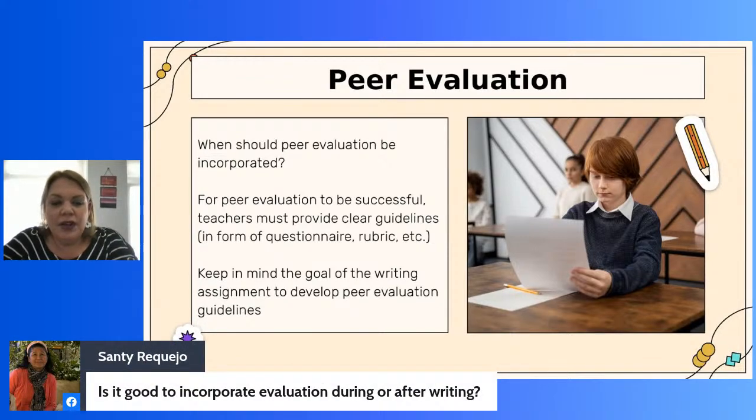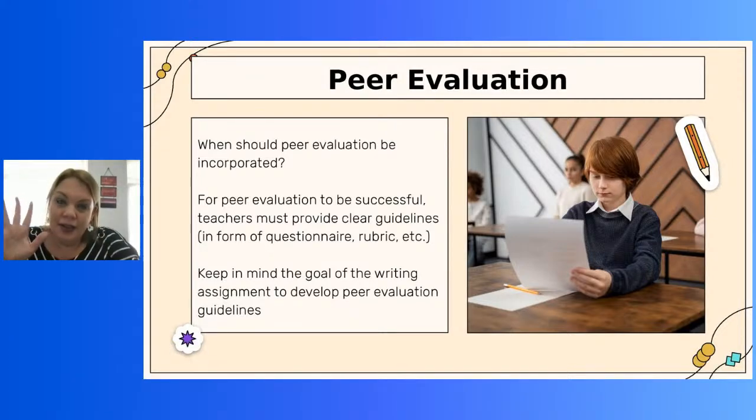Yeah. Okay. Some of you are answering the question that I asked at the beginning of the slide. When should peer evaluation be incorporated? And Santi says, is it good to incorporate during or after writing? Okay, let's think about this in a logical way. In theory, right? In the classroom, we have a teacher and we have students, right? Who, in theory, knows more about writing in the English language? The teacher.